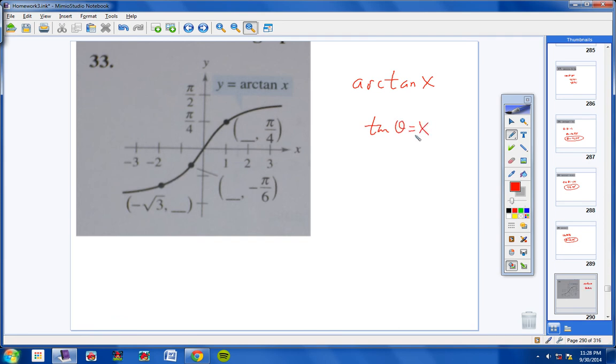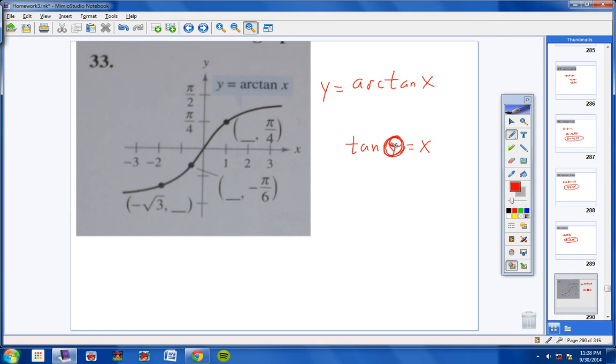Sure you would. Now, you're assuming the unknown was theta. However, if your original problem starts off with y equals, then what they're telling you is your unknown is y. So when you rewrite this, watch carefully. You don't put tangent of theta, you put tangent of y equals x.